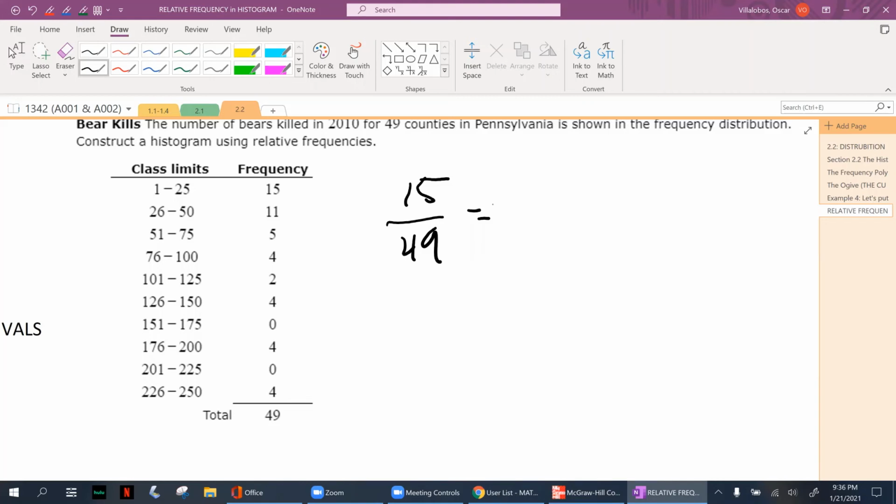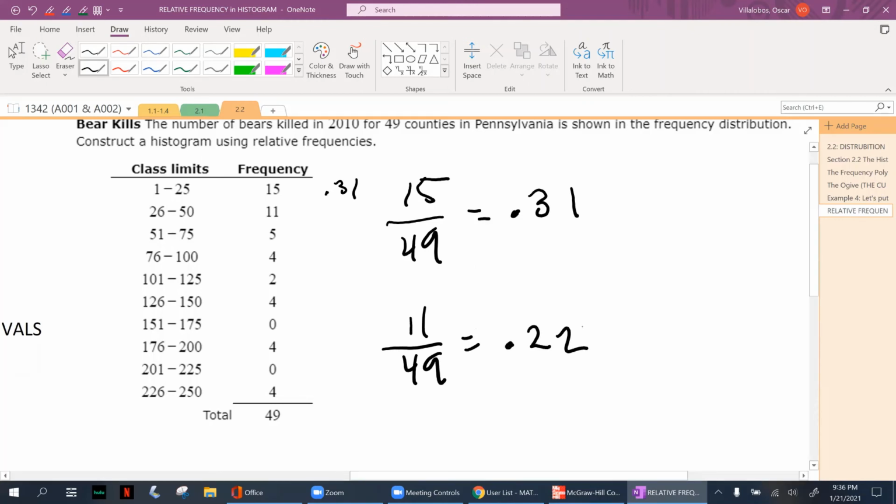So this is 0.306, which is going to be 0.31. That's my relative frequency. For my second class, this is going to be 11 over 49, which is 0.224489, but only 2 decimal places, so this is 0.22.